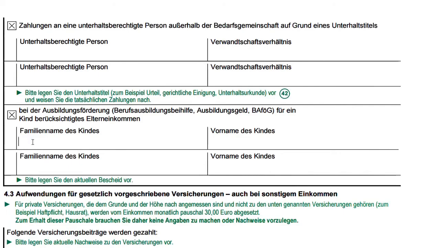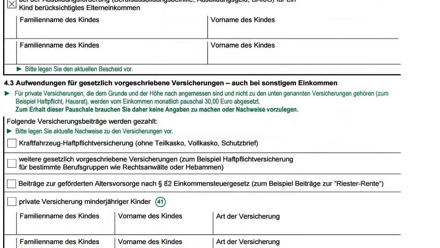Here you write the last name of the child, and here you write the first name of the child. Similarly, you write the last name of the second child here and the first name of the second child here. And you should also send a proof about it to the job center.